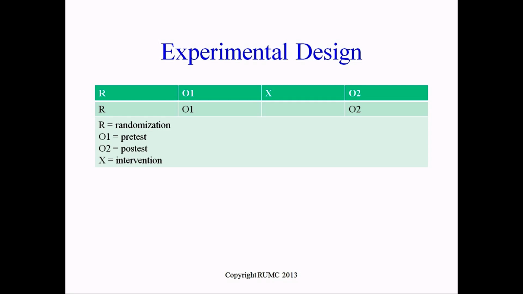Your X is some kind of manipulation or intervention, and then you follow it up with a post-test. And as you can see here, everything across this schematic is the same except the X. One group received the treatment and another group did not, or one group received the intervention and another did not. That's what forms the underlying basis of this experimental design.